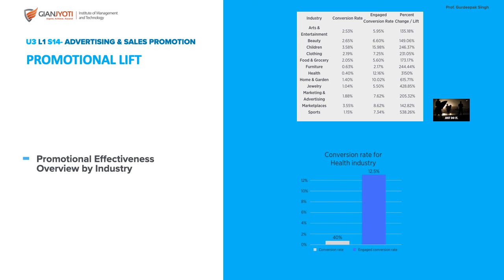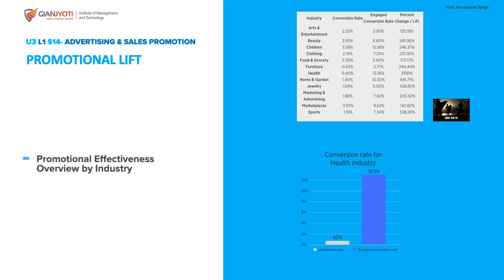So the conversion rate for the health industry, before the campaign and then after the campaign, where you are engaging your audience with the ad, was around 12.5%.